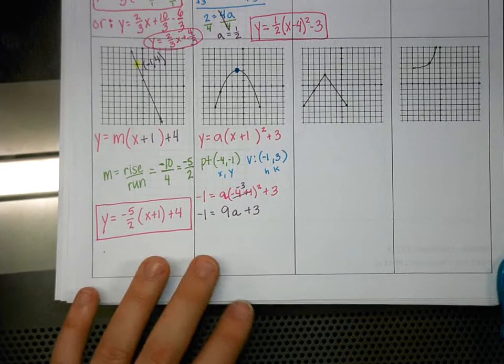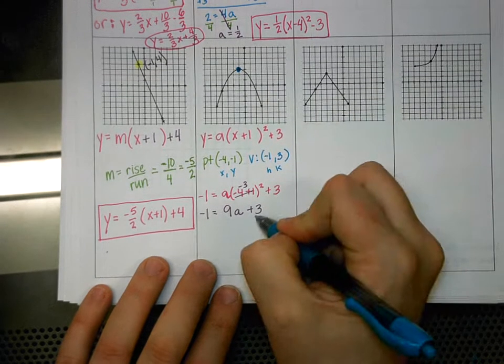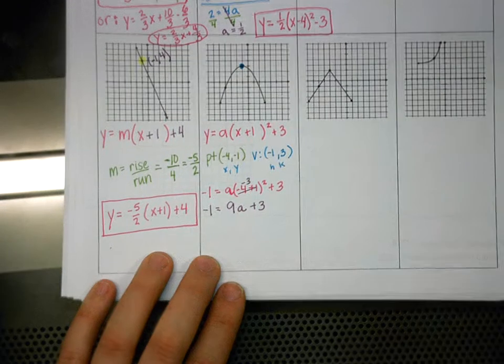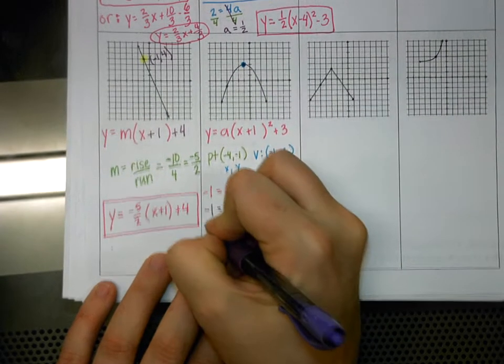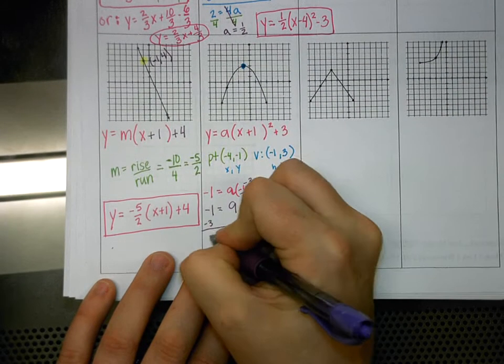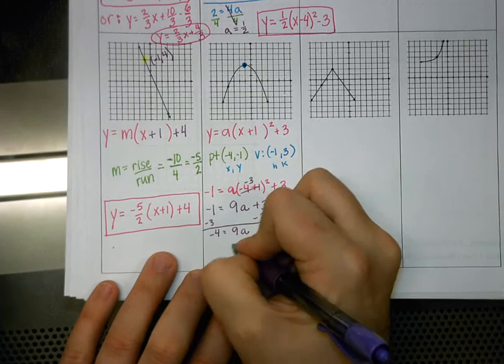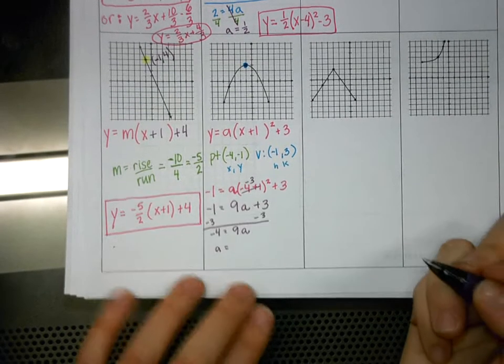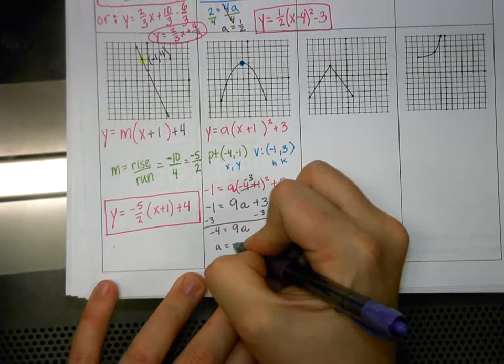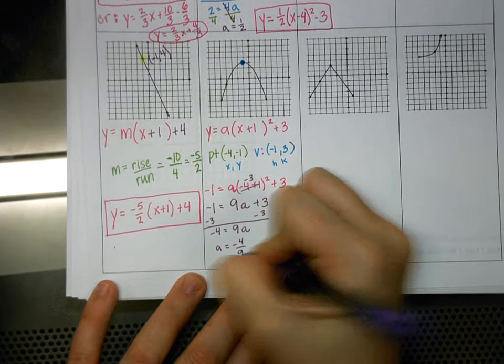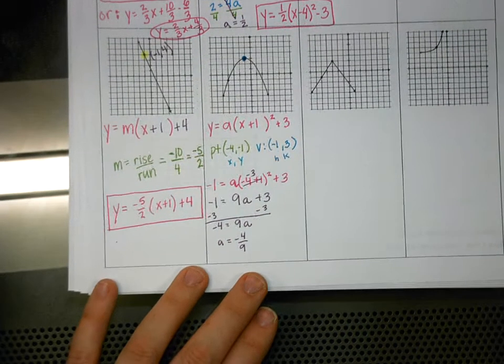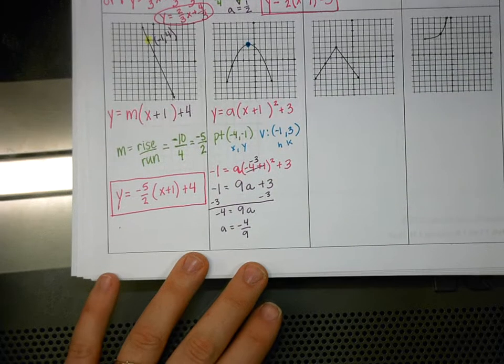So then I start to solve for a by subtracting 3 to the other side. -4 equals 9a, which means a is equal to -4 over 9. All I did was divide by 9 on each side.